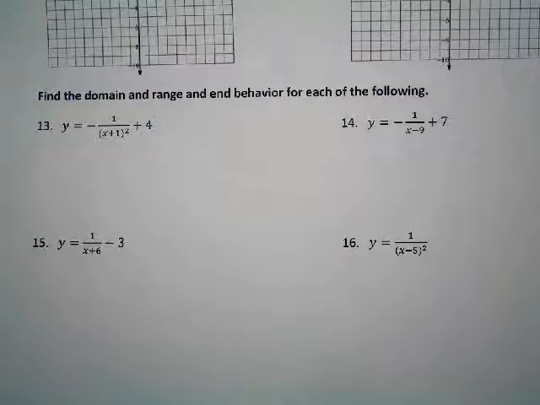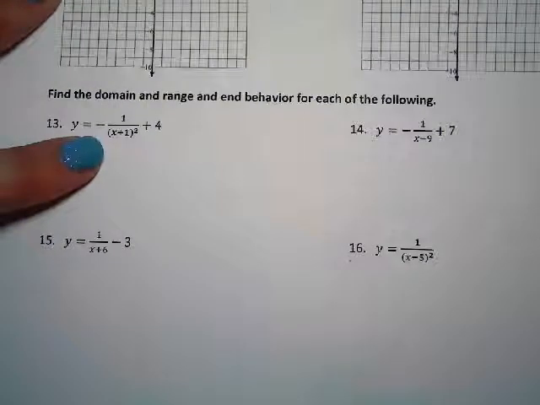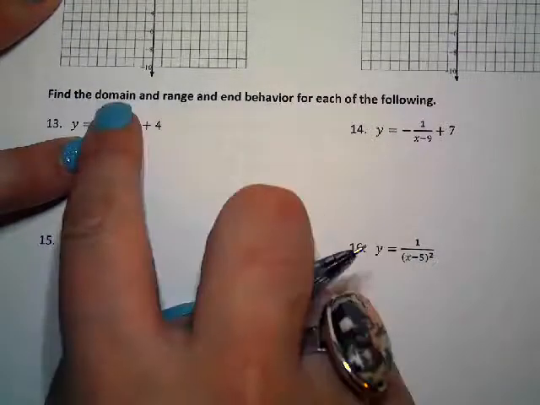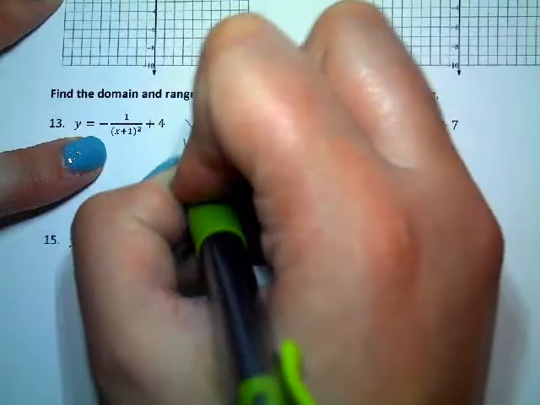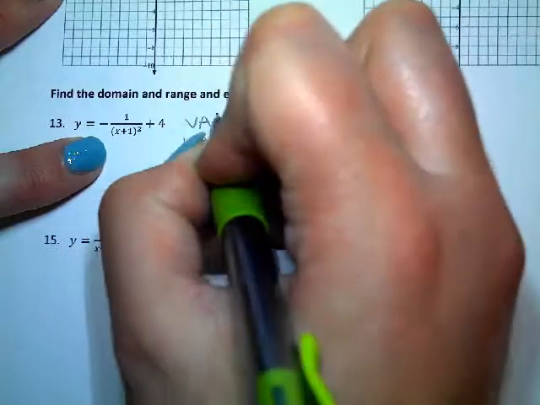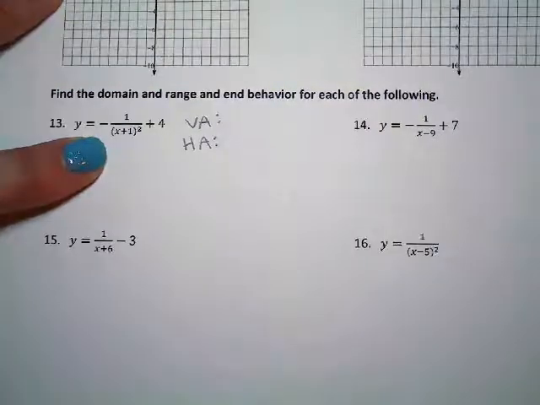I heard more people say 13. So for 13, the two things we need for domain and range is we need the vertical asymptote and we need the horizontal asymptote. Those two things are key for finding the domain and range. So what's the vertical asymptote? X equals -1.